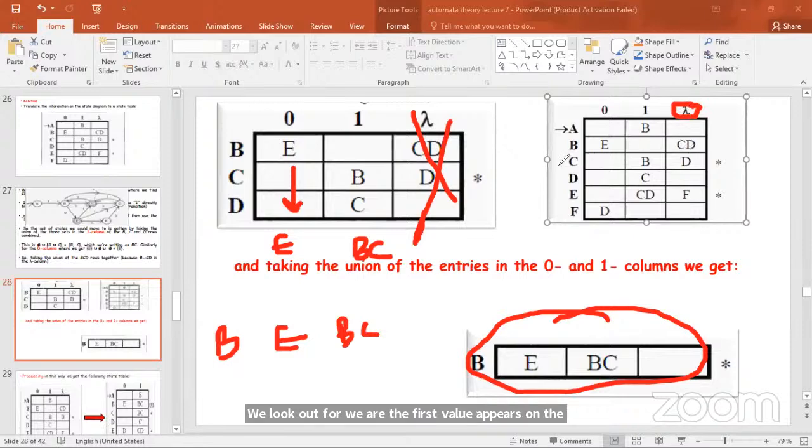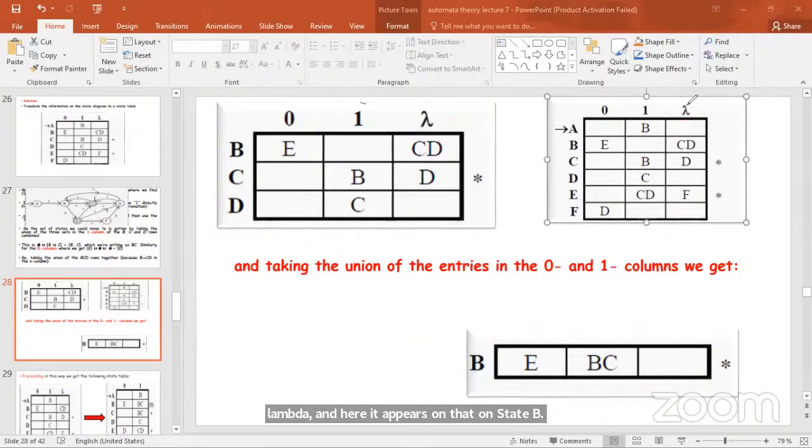And here it appears under B, on state B. So how do we remove the null? This null is what we want to remove, right? So how do we go about it? Now, you look at state B as having CD in the lambda section, and that's what you want to remove. So you bring out B, and it has CD under lambda, right?